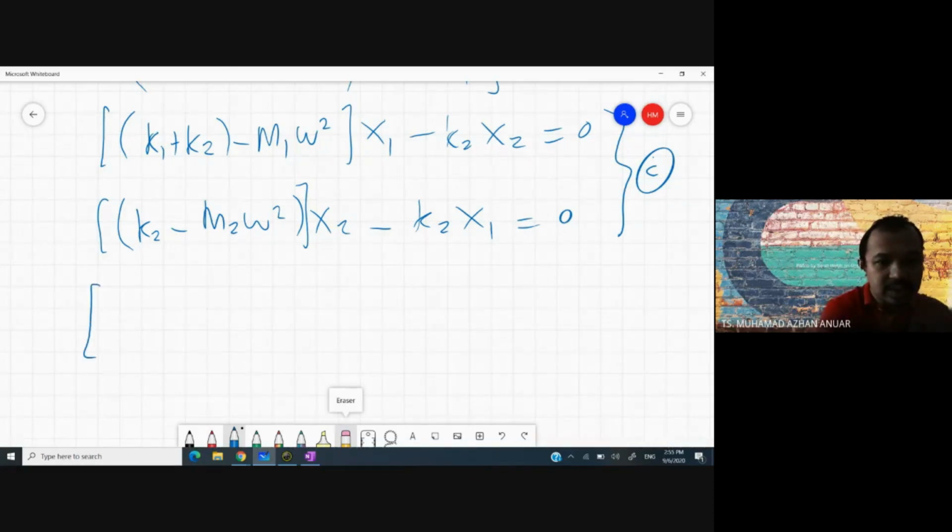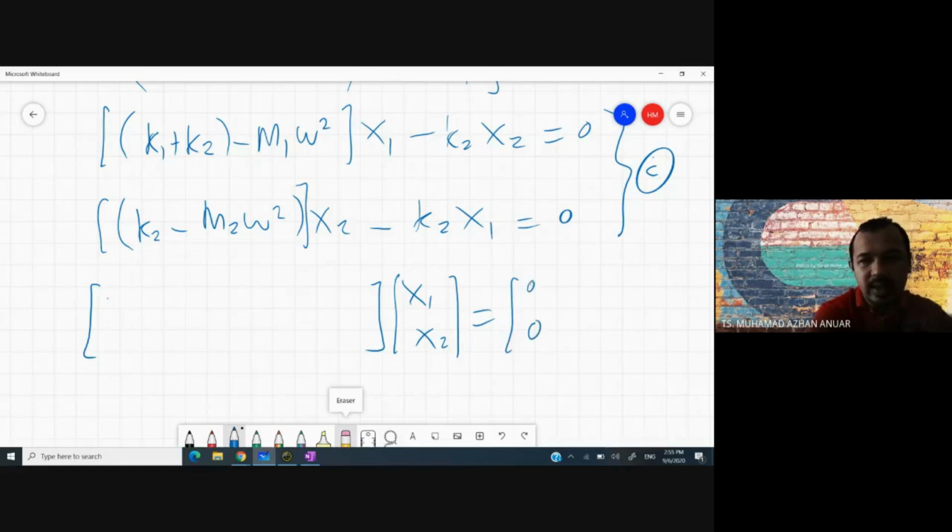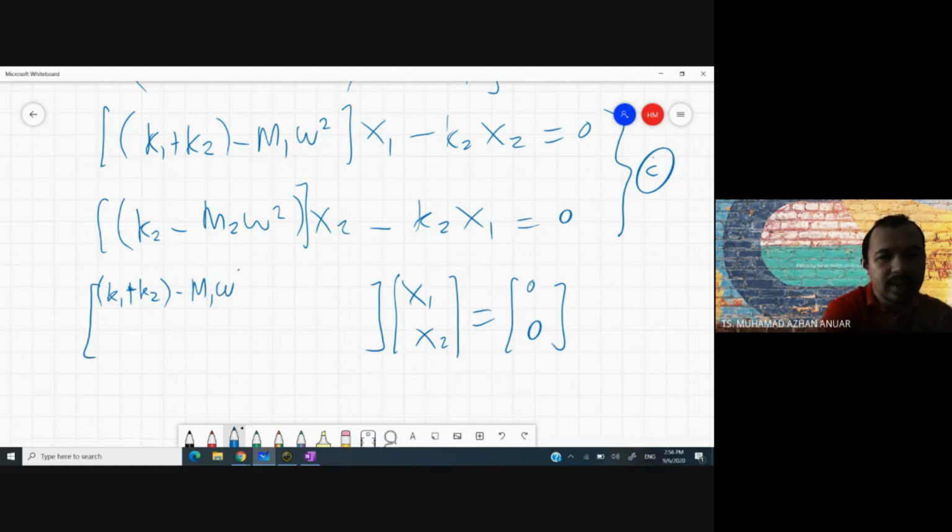So you should get this big matrix, times x1 and x2, equal to 0 and 0. From the first equation up here, we know that the term multiplied by x1 is k1 plus k2 minus m1 omega square.